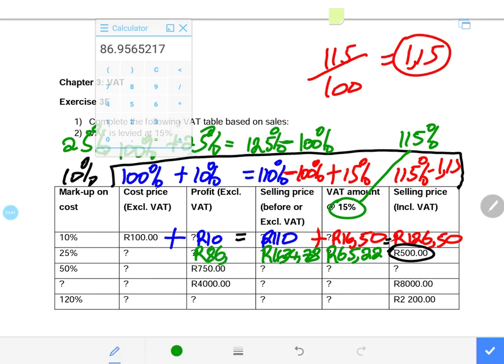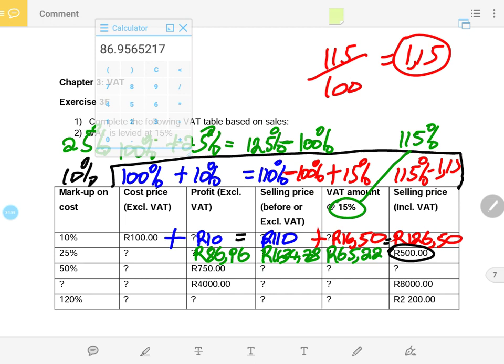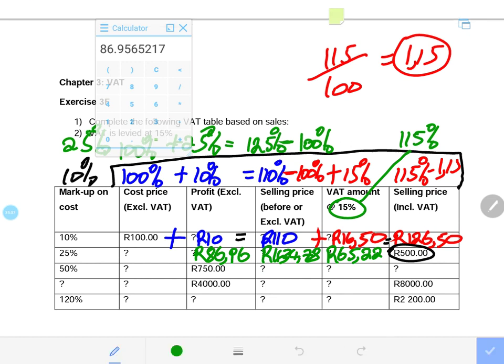Now we say this minus the profit will give us the cost price. So we say 434.78 minus 86.96, which gives us 347.82. There might be some rounding off difference.